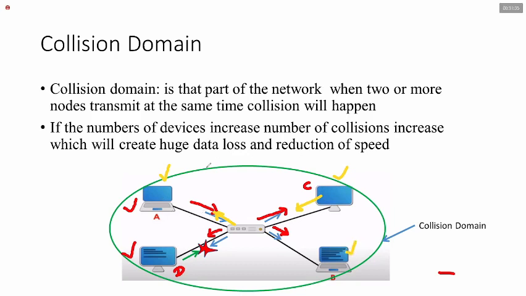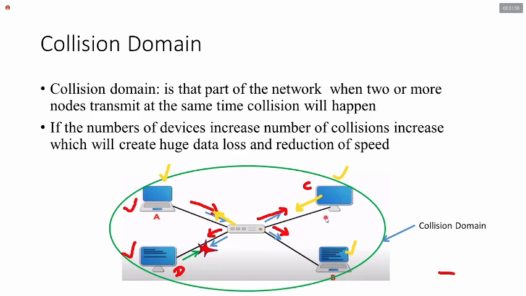So finally we can conclude all the devices that are connected to a hub will be in one collision domain, right? So A, B, C and D will be in one collision domain, which means if any two of these devices are trying to send data simultaneously, there is a possibility of getting a data collision.